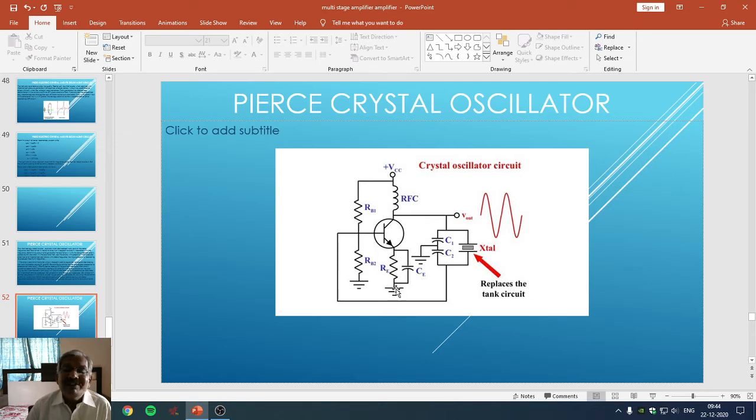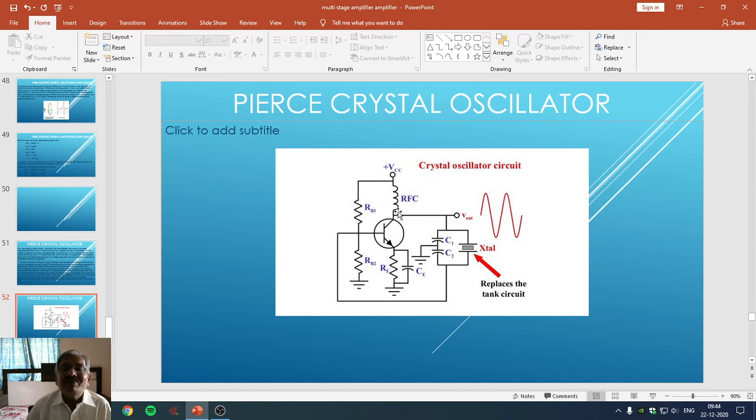Resistance RE provides self-biasing to the circuit. It makes use of an RFC, a radio frequency choke, or one can replace this RFC by a collector resistance, which acts as a load on that particular amplifier or transistor.